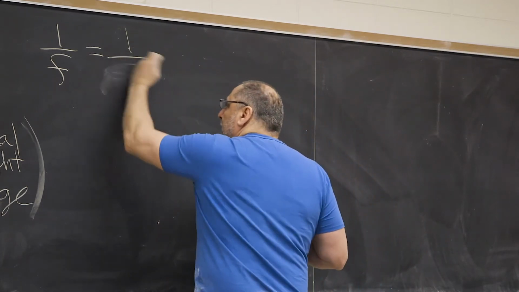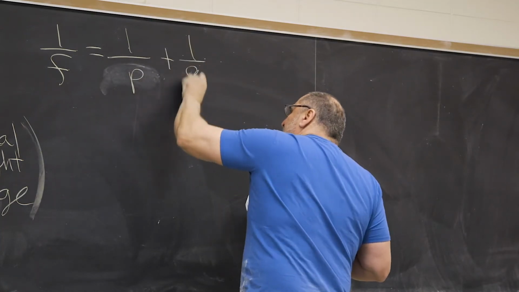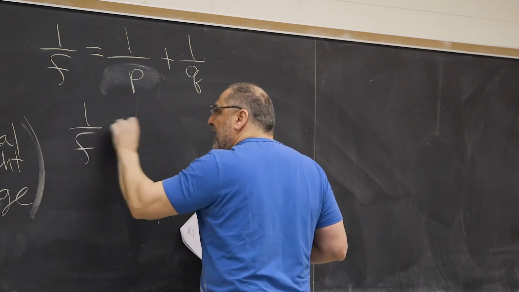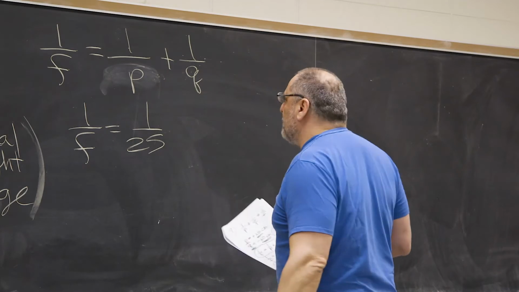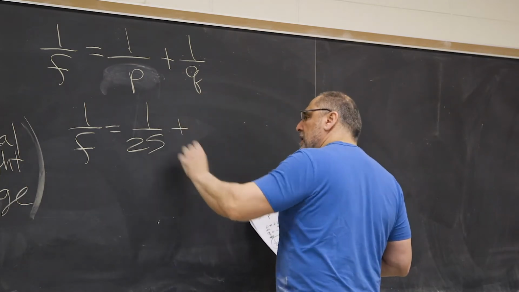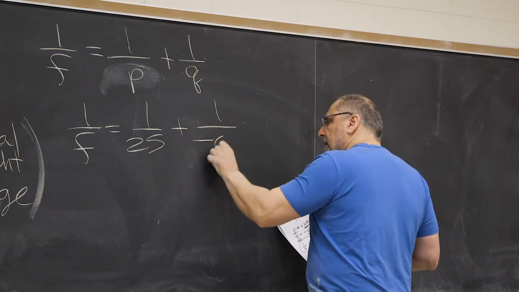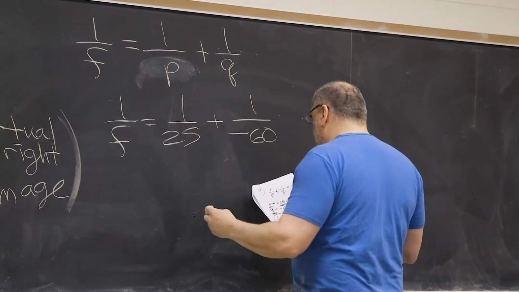Let me write it like this, just for now. You can solve it any way you want. 25 centimeters is the object distance. The image distance is this. And just do what you got to do.